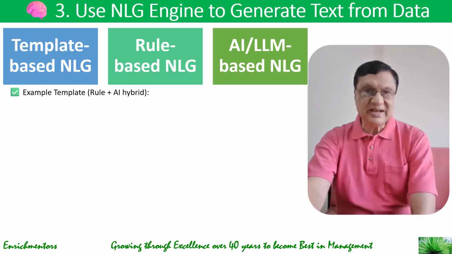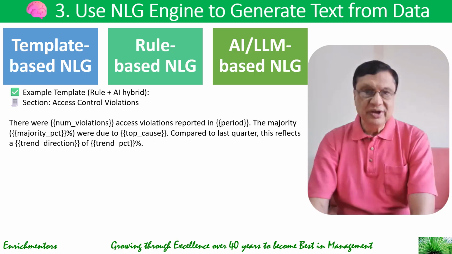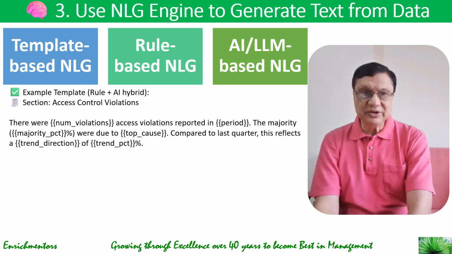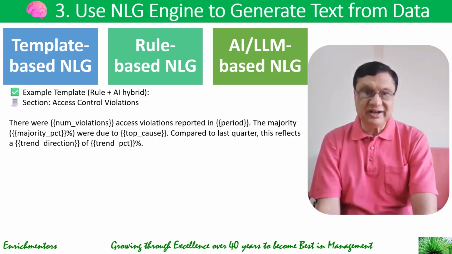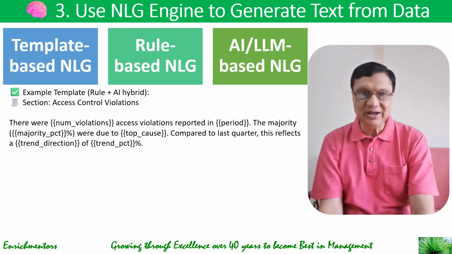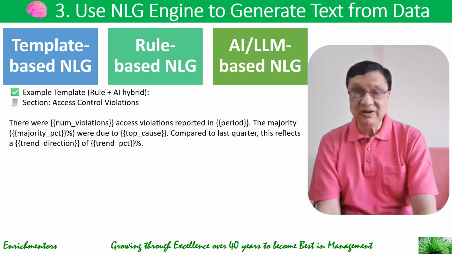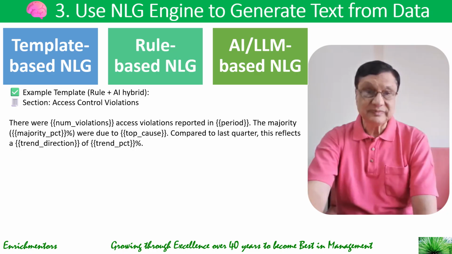Let's take a look at an example of the template using a rule plus AI hybrid. Now, in the section on access control violations, your rule-based template could look like this. You have the data in brackets within the text, and that data will get automatically populated.